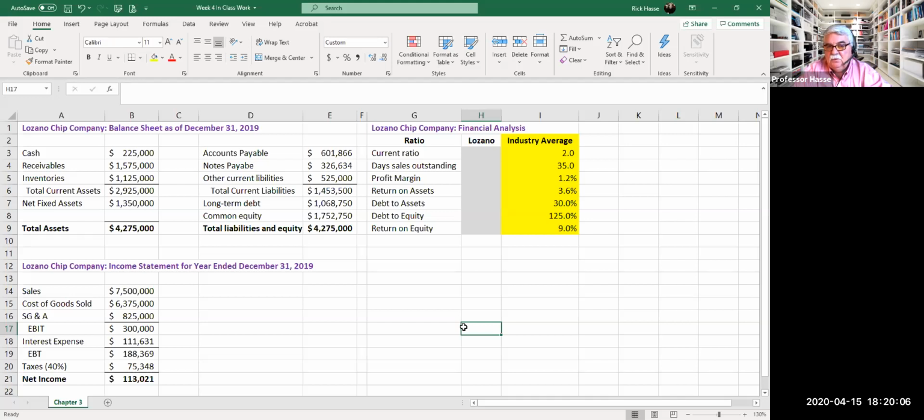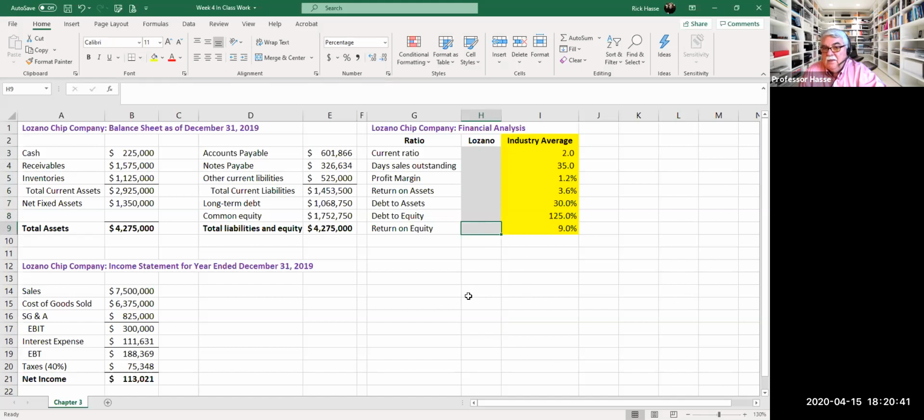I'd like you to take a few moments to calculate the current ratio and these other ratios for this company as of December 31st. Take a few moments, download that spreadsheet, or even on a piece of paper, try to determine the current ratio, days sales outstanding, that's a new one, the profit margin, return on assets, debt to assets, debt to equity, and the return on equity. A couple of new ones thrown in there.